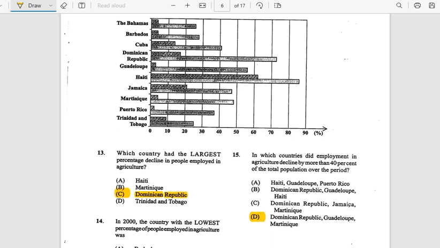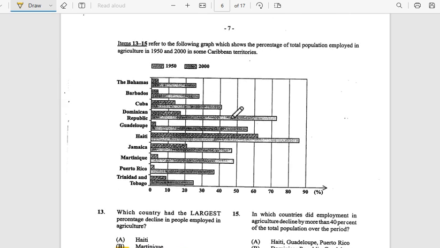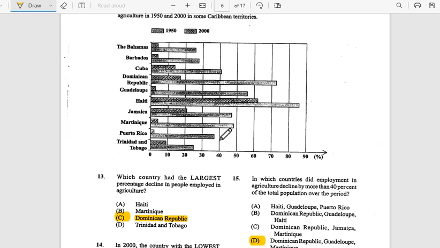Number 13. Which country had the largest percentage decline in people employed in agriculture? Let me check this. As you can see, we have the Dominican Republic, and it shows a decline. If we check the ratio right here, it is around 75 to 78, and then we have 80 ranking up around 85 to 90.